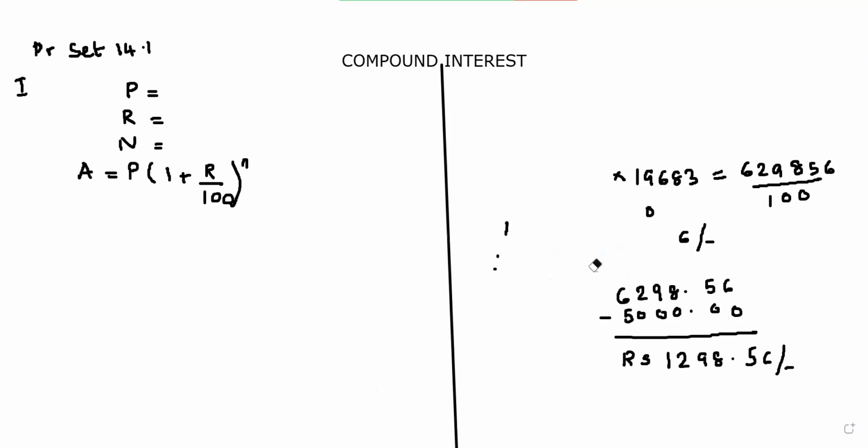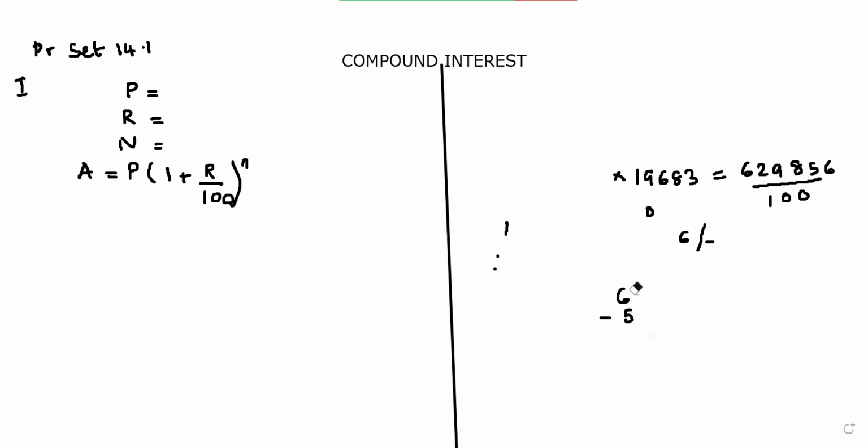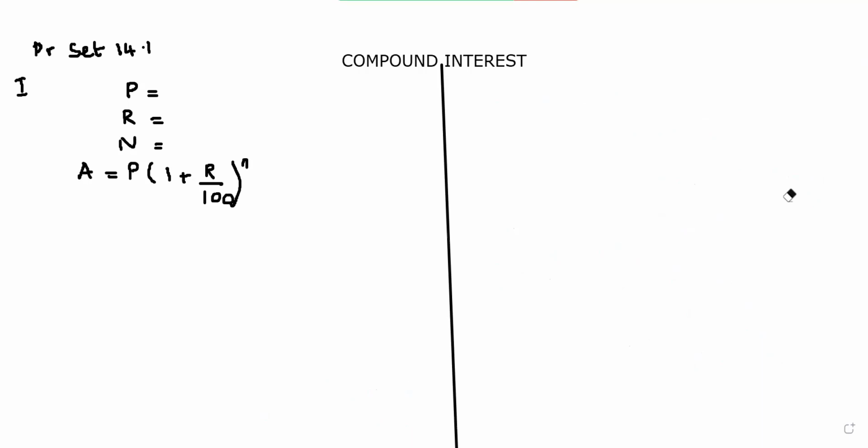So compound interest is equal to amount minus principal. Now, what is my principal equal to? This is my third sum.